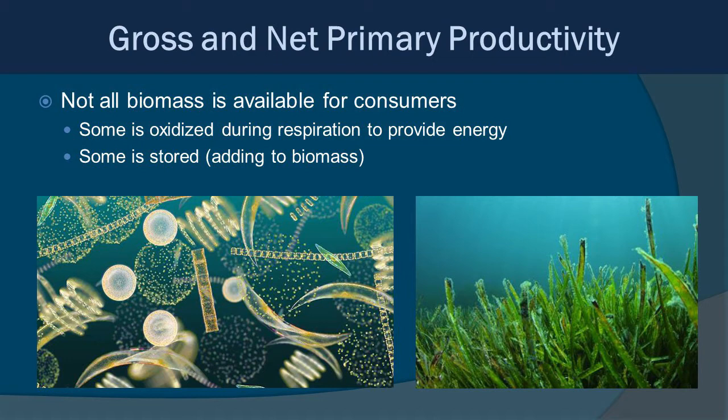And then some is stored, adding biomass. Now, remember when we talk about phytoplankton, we don't have a lot of stored biomass because they have a high turnover rate and they're very small. But something like seagrass is a little bit more traditional, where you do have a decent amount of biomass stored up in new blades as they're formed. So these are just things to keep in mind as we move forward.